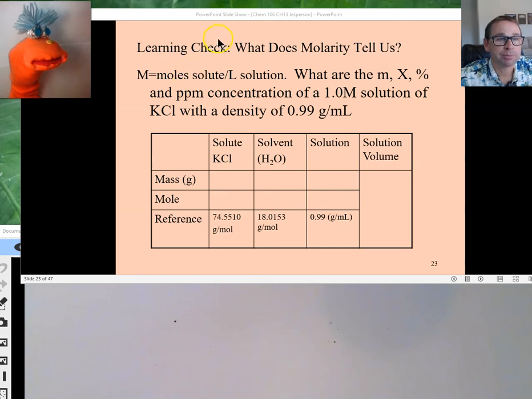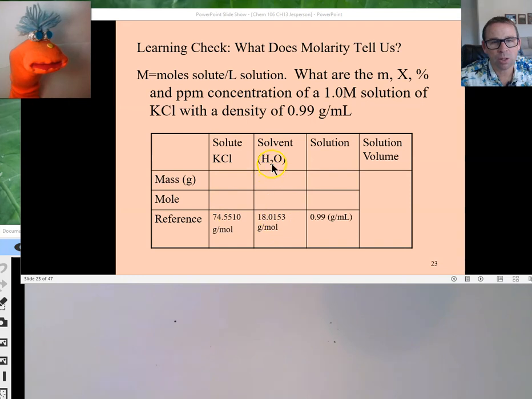So here's an example. If I have the molarity, what are the molality, mole fraction, mass percent, and parts per million concentrations? So if I have a 1 molar solution of KCl and the density is 0.99 grams per milliliter, so here I have the density of the solution, here I have the solute's molar mass, here I have the solvent's molar mass.